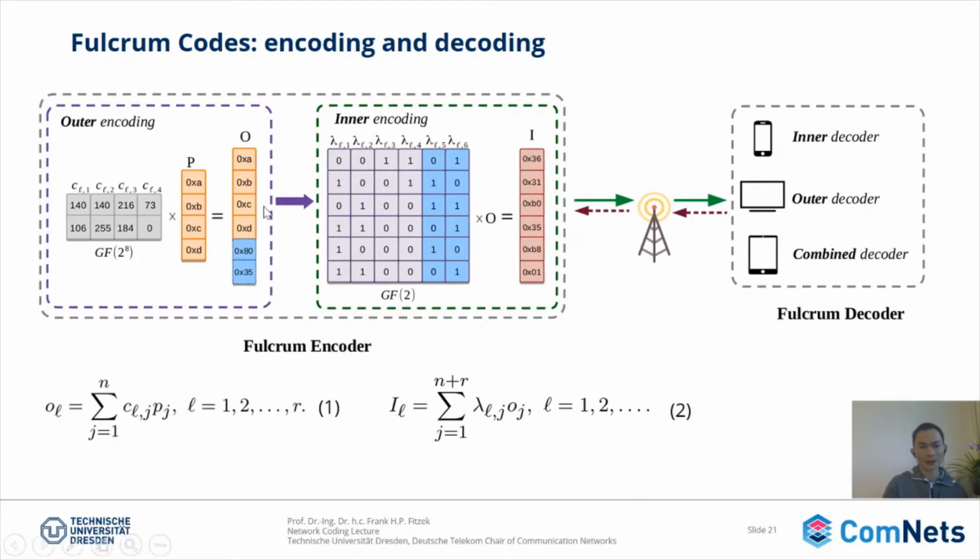These outer coded packets are treated as new packets in the inner encoding process. Inner coded packets are also created using equation 2, where the lambda coefficients are randomly generated from the binary finite field.